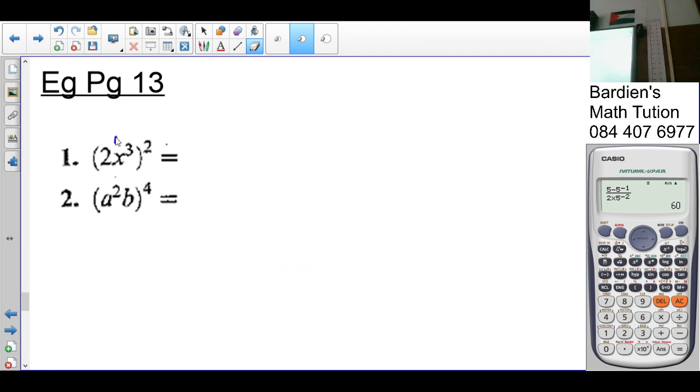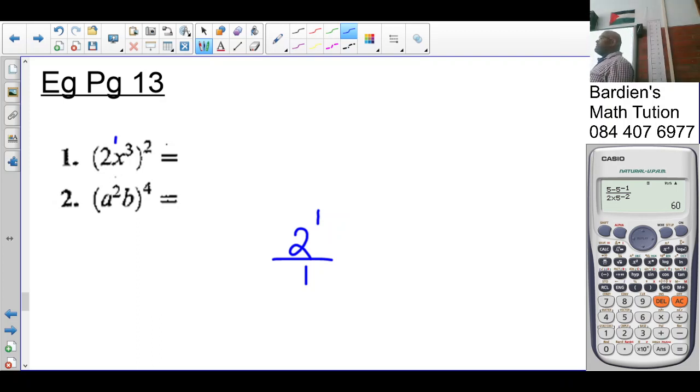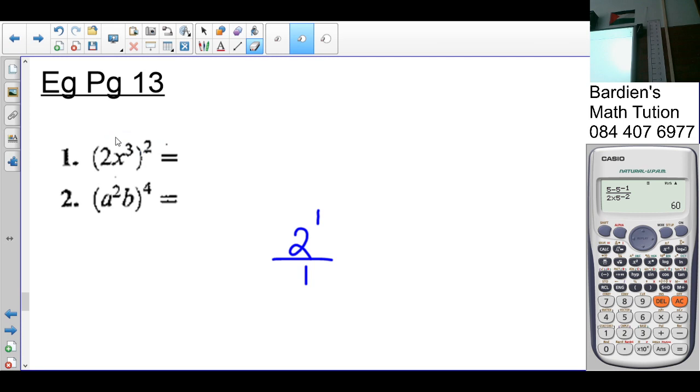So if 2 is written on its own, we know there's a 1 on top and a 1 at the bottom. So the rule says from the previous one, if we have a base raised to a higher exponent, we multiply the exponent. So that's simply going to be 2 times 1, which is 2.